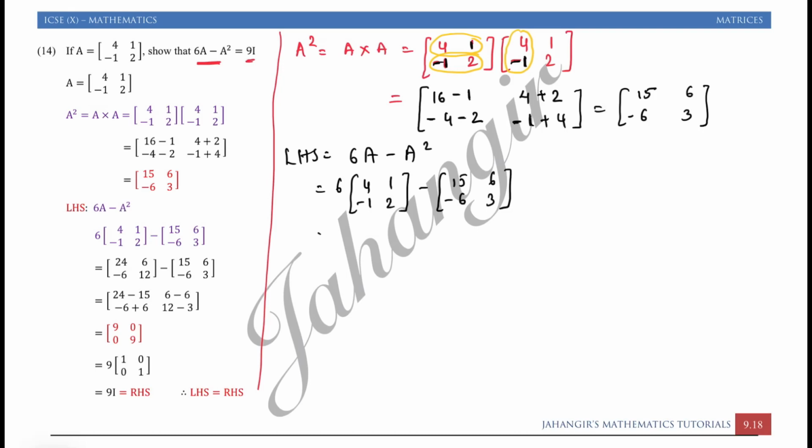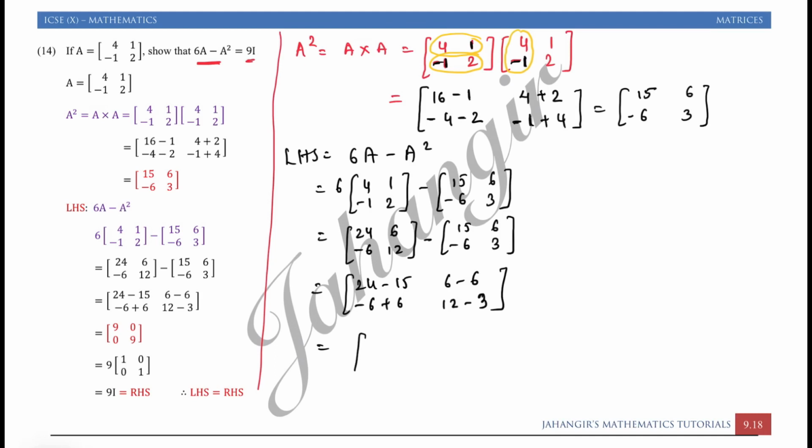So 6 4s are 24, minus 6, 6, and 6 2s are 12. 15 minus 6, 6 3. So that will give you 24 minus 15, minus 6 plus 6, 6 minus 6, and 12 minus 3.